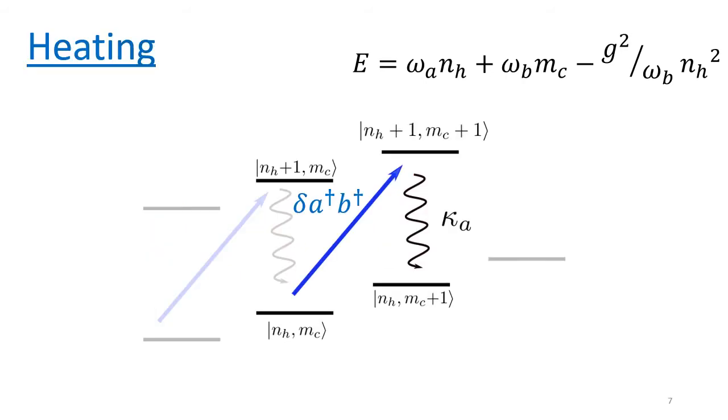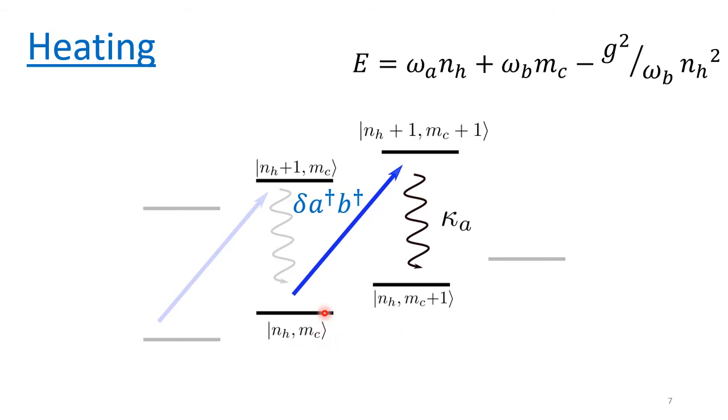On the other hand, if we select blue detuning, we have the two-mode squeezing interaction. In this case, if we start from n photons and m phonons, first we create a high energetic photon and also one extra phonon, and this high energetic photon leaks out from the cavity, but we have now one extra phonon.